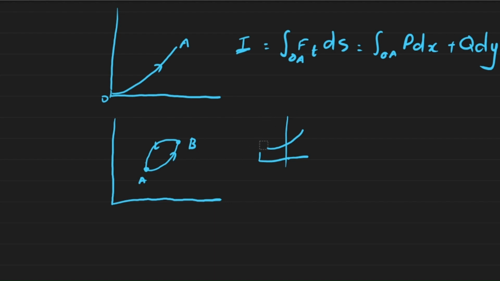So that's a single valued function. On the other hand, if we have something like an ellipse, and if we draw a horizontal line again, you can see that it's cutting the curve at 2 points. So this would not be a single valued function.